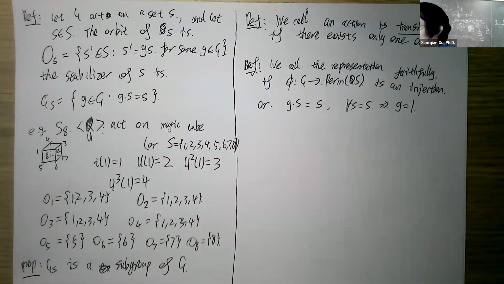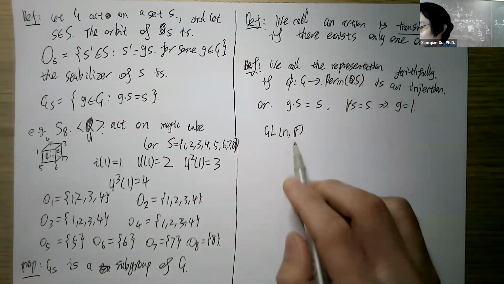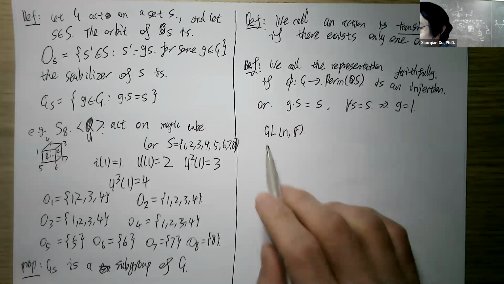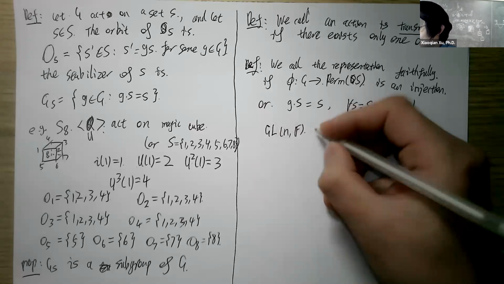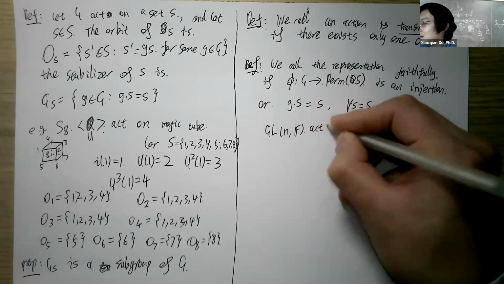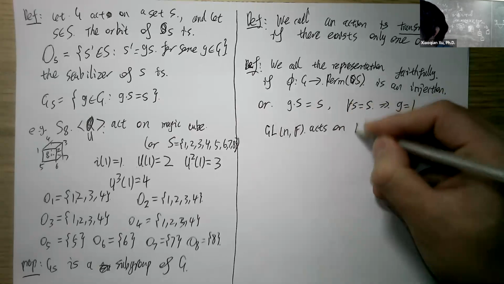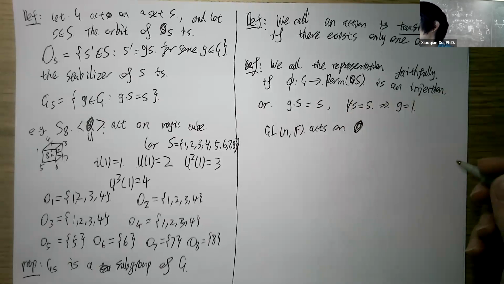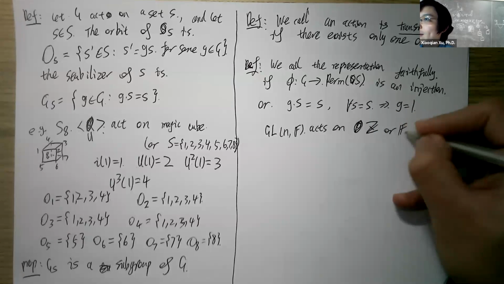you can try to think about this example. Take GL_n(F), where F is a finite field, for instance Z_2 or Z_p. Then you can try to see an element of this group acting on a set, say R, or maybe that's not a good example, but it can act on Z or Z_p or F or whatever you want.